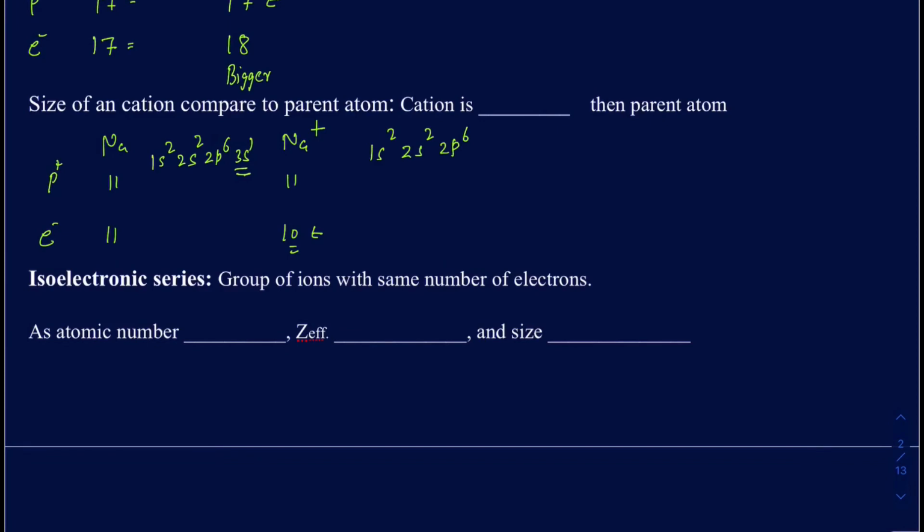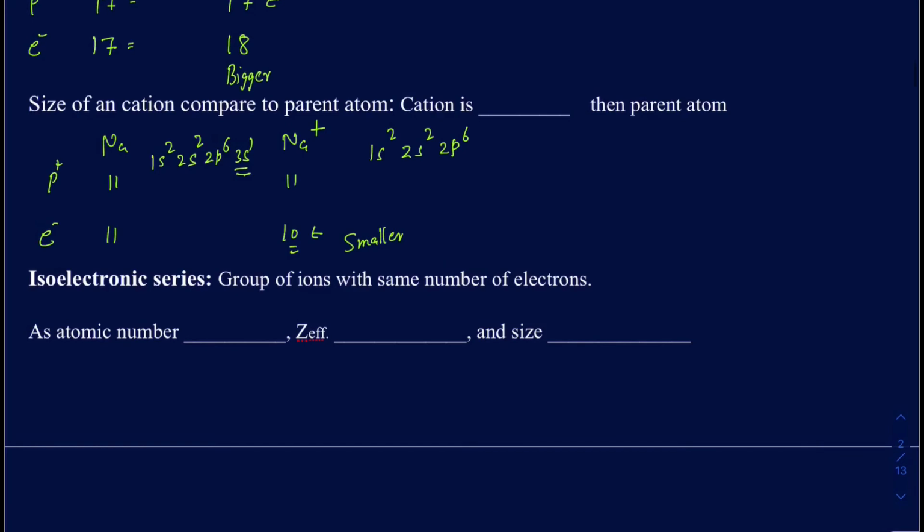That's not the case all the time. You don't really lose the shell all the time, but a lot of the time you do lose a shell when you're making a cation. However, the scenario of having more protons controlling fewer electrons outside the nucleus is always going to be there, and since you're going to have better control from those protons toward those fewer electrons outside the nucleus, in the case of a cation, it's actually going to be smaller in size than its parent atom.